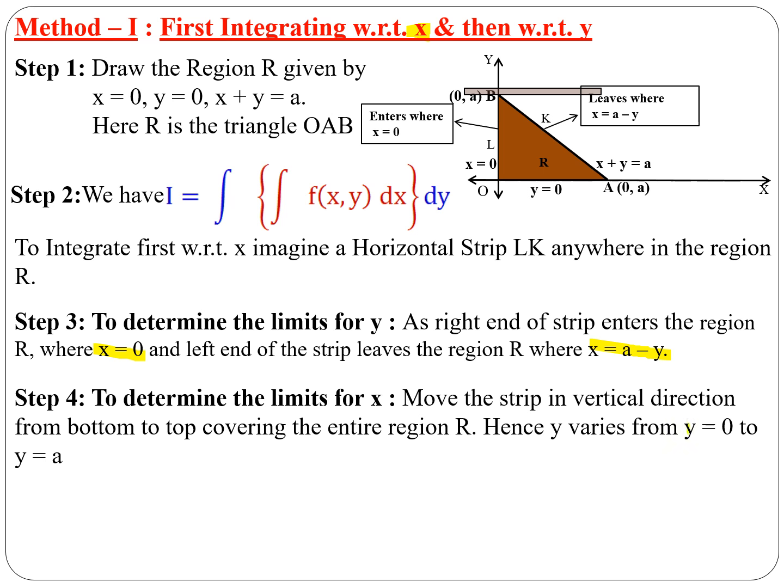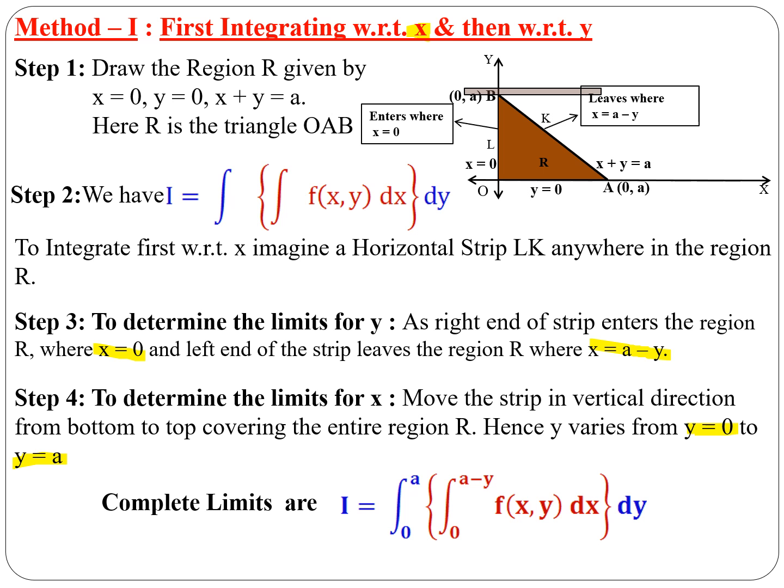So y equal to 0 is the lower limit and y equal to a is the upper limit. Now we put these limits in step 2. So the x limit is 0 to a minus y and the y limit is 0 to a. This whole thing is the integration with complete limits.